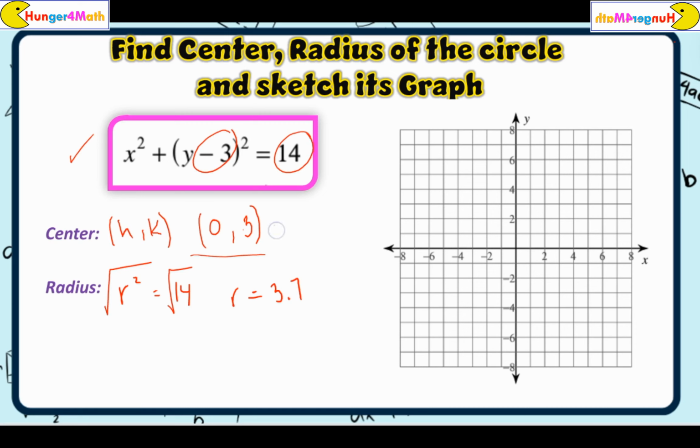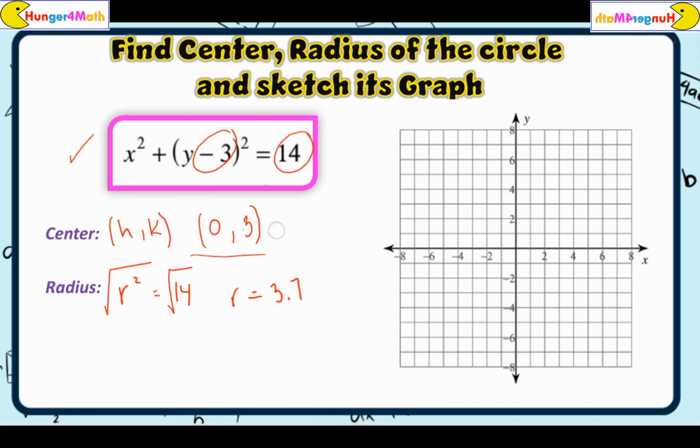(0, 3) is up here, and then the radius is 3.7, so it's close to 4 units away from the center. So 1, 2, 3. Now let's just make some space before the 4. Same thing here, 1, 2, 3, and then just estimate the 0.7.